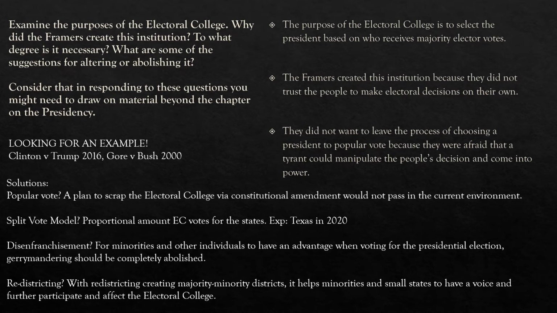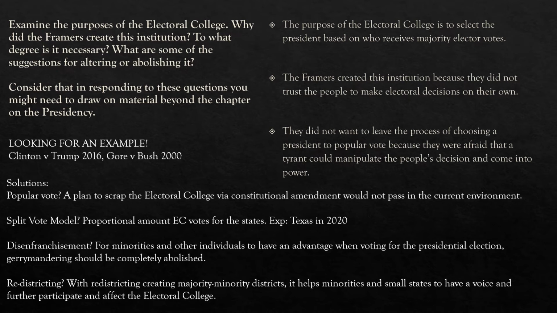In a lot of instances, this is seen as a broken system because, going back to 2016, what was it? A couple tens of thousands of votes decided the presidency based on the Electoral College, and it resulted in an upset.